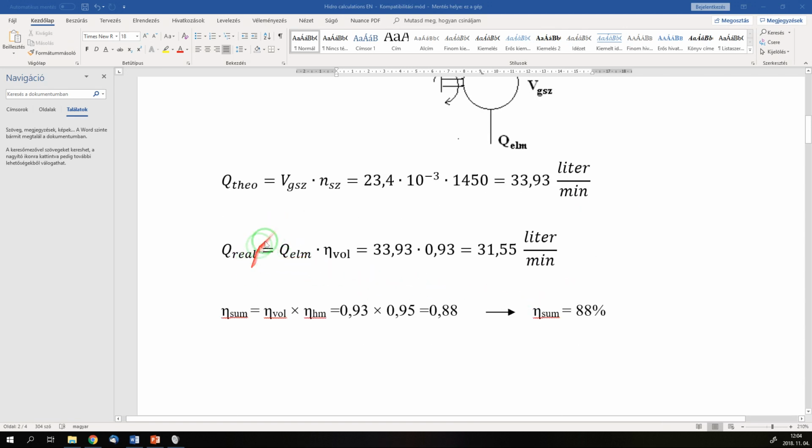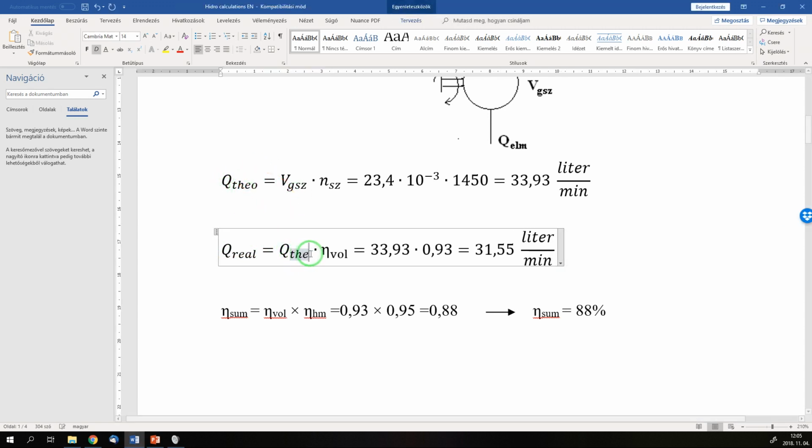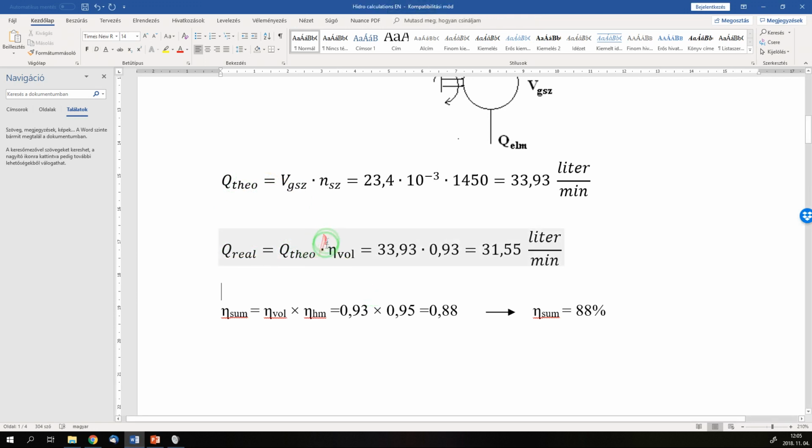The real flow is a bit off of this. Sorry, I forgot to say, the real is the theoretical times the volumetric efficiency. So the volumetric efficiency only has an impact on the flow rate, and the hydromechanical efficiency only has an impact on the mechanical things.